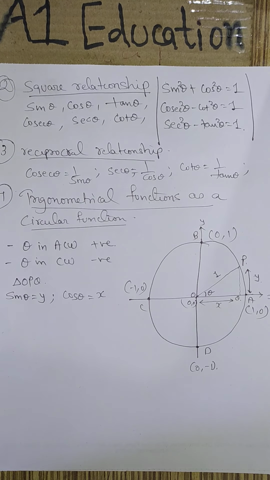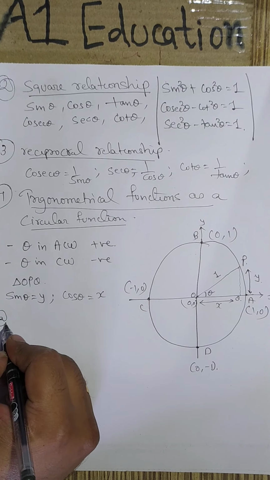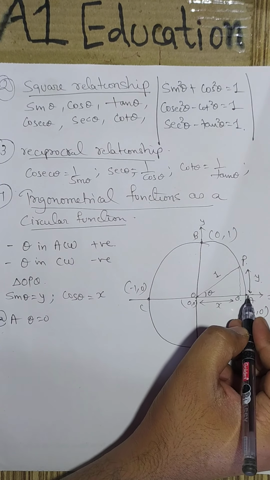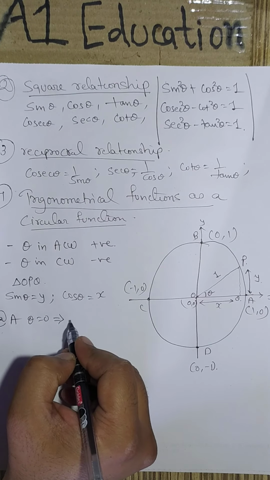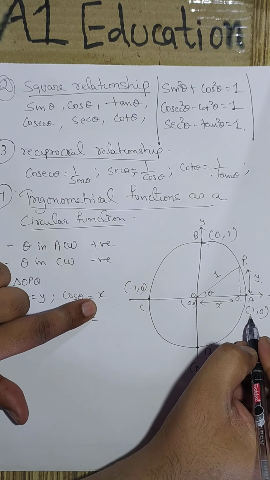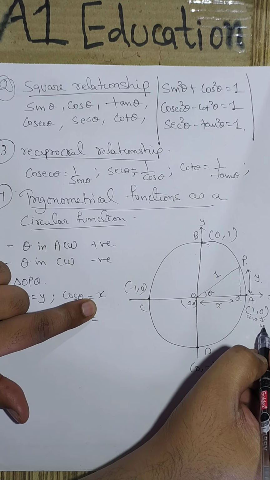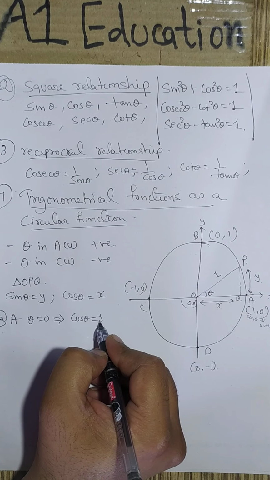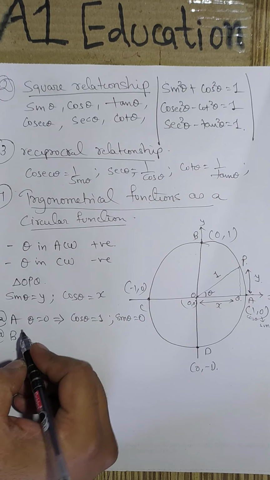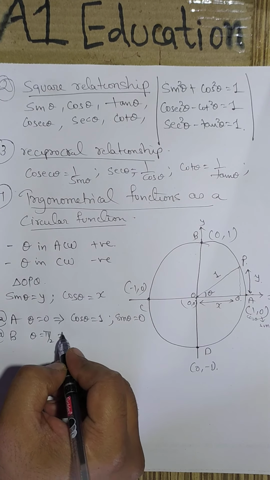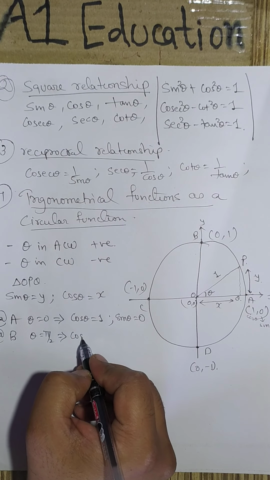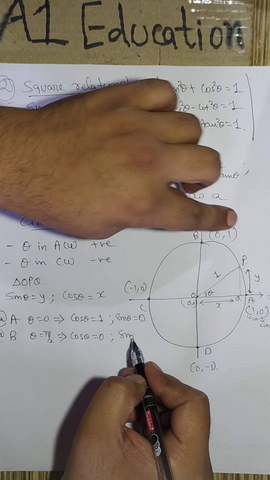So based on this observation, let us see. At point A, when theta is 0 degrees, we can conclude that the value of cos theta is 1, since cos theta is represented by the x-axis and sine theta by the y-axis. So cos theta is 1 and sine theta is 0. Similarly, at point B, theta is 90 degrees, so cos theta is 0 and sine theta is 1.